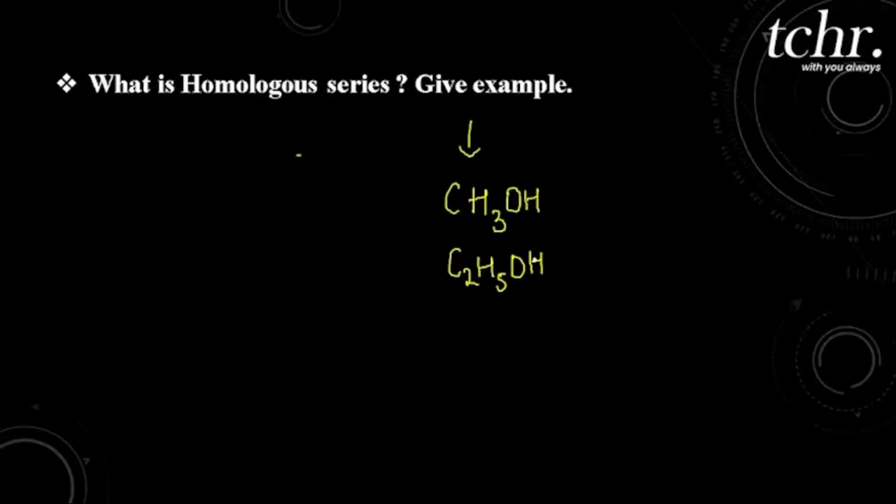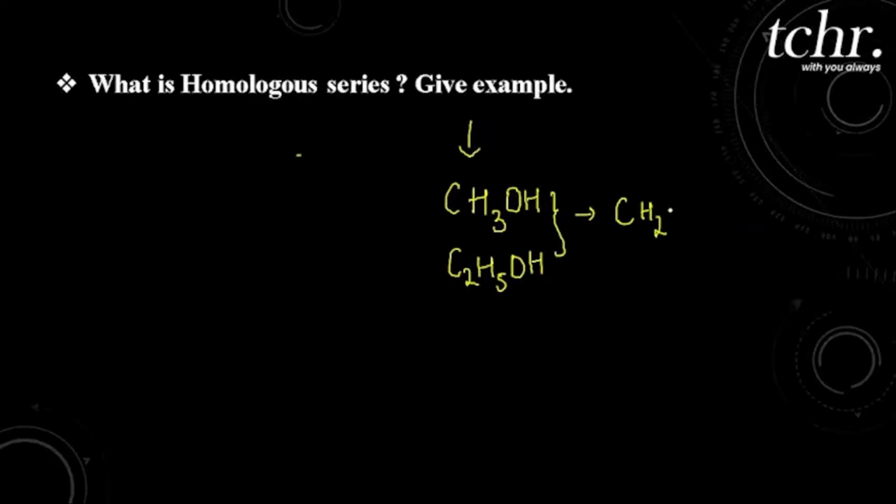If you see between methanol and ethanol, what is the relationship, what is the difference you can find? Students, these two compounds differ by one carbon atom and two hydrogen atoms, that is, they differ by a CH2 unit.